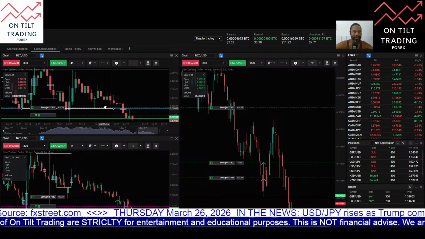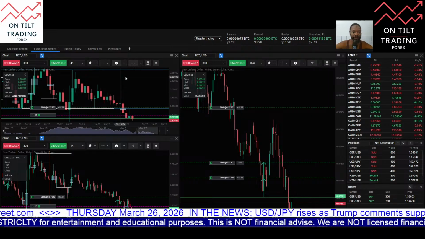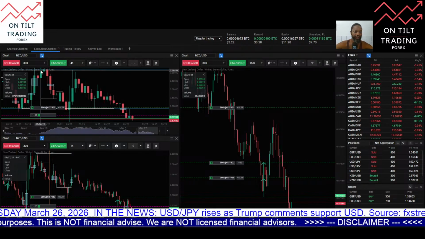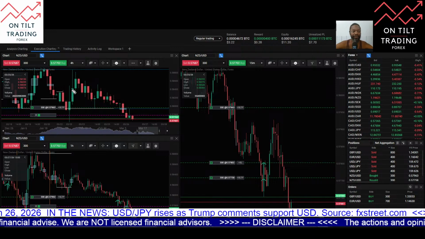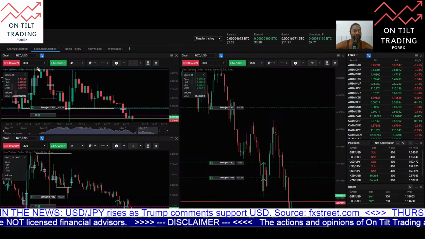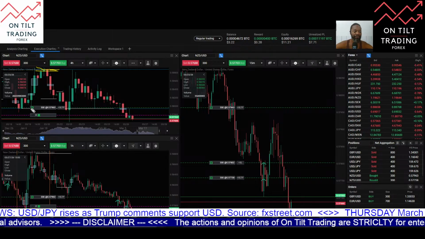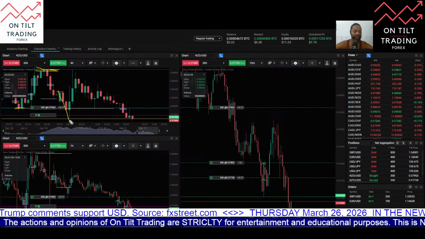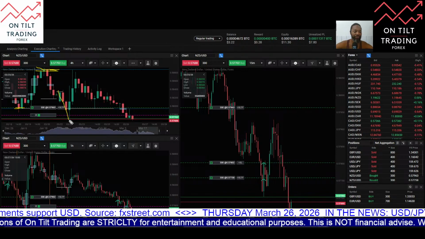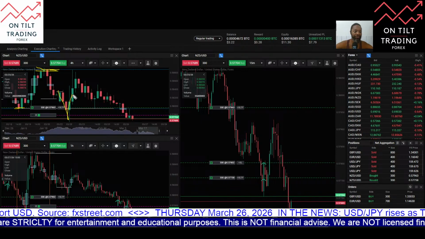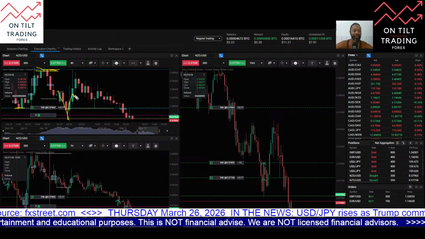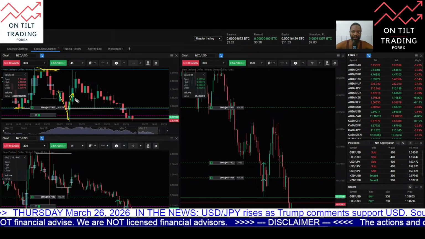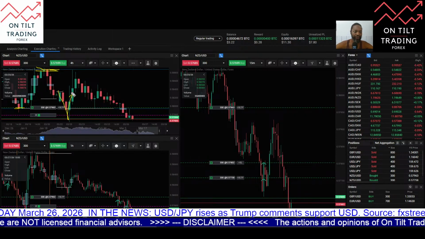So where you're seeing these blue lines here, let's call this the range, or the box that price is currently in, where this is the high of the box, or the upper edge of the box. This is the lower edge of the box, and then you get an aggressive price move below the box, and then an aggressive price move back into the box. And I'm calling this the box because this particular entry model is called the box.